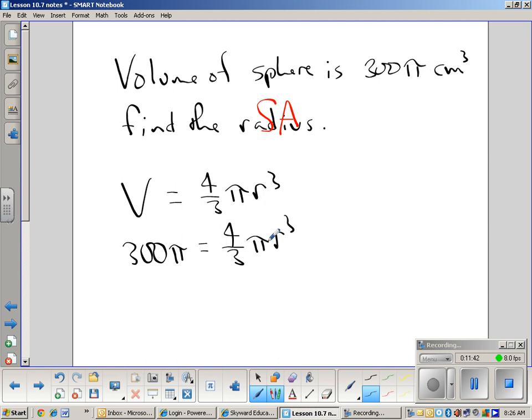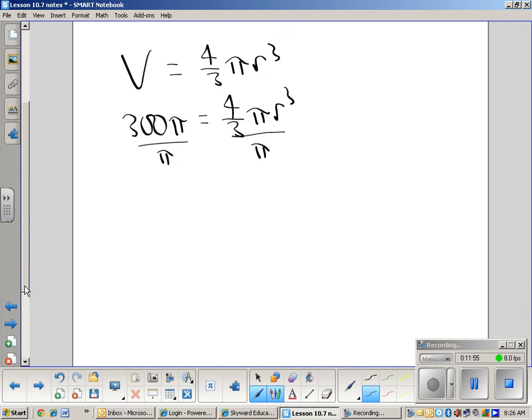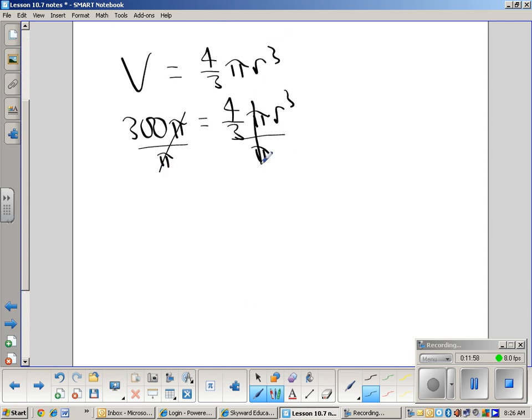Pi r cubed means pi times r cubed. So to undo times, we divide. And so my pi's cancel on both sides, don't they? So I get 300 equals 4/3 r cubed.